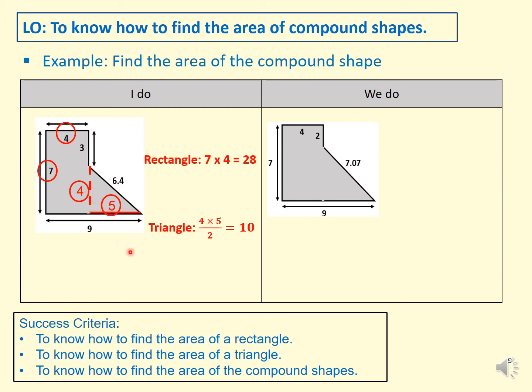But don't forget the last step. I found the area of the rectangle, I found the area of the triangle, so I need to add them all up to find the area of the compound shape. So I need to do 28 add 10, which is 38 centimeter squared.